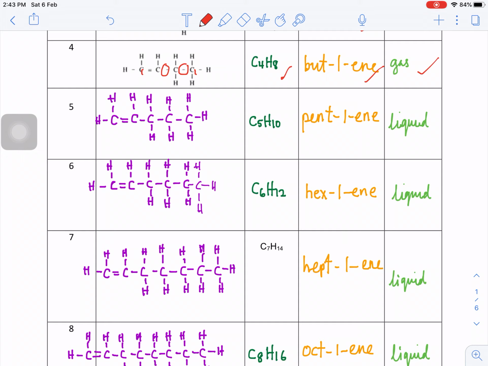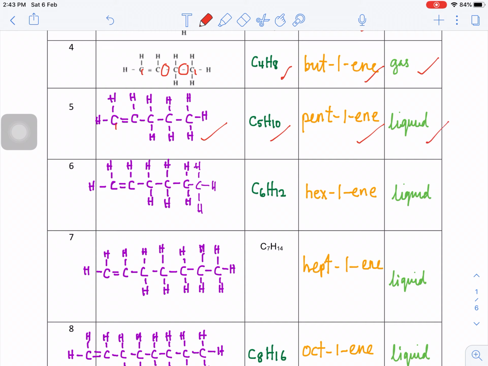Number 5. I just draw the double bond at carbon number 1, so the name is pent-1-ene. C5H10. When drawing, make sure all the atoms are written. Carbon 5, hydrogen 10. The name is pent-1-ene, and the condition at room temperature is liquid.